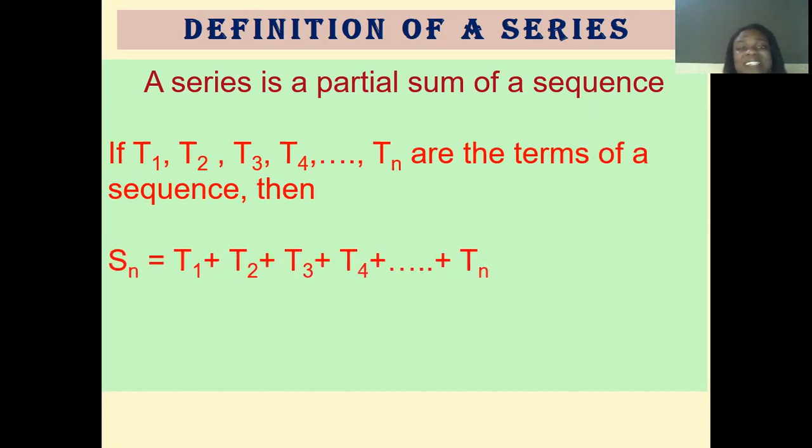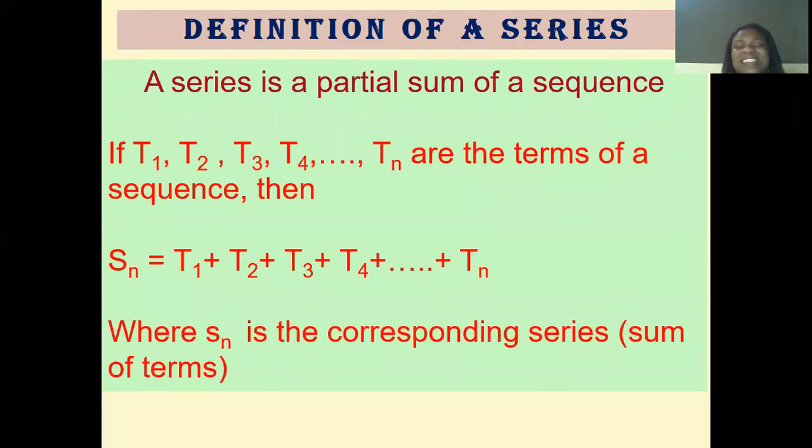That means that S of n is T1 plus T2 plus T3 plus T4 plus up to the last term, which is T of n. So now S of n is referred to as the series. S of n is the series. It's the sum of terms. It's the corresponding series.